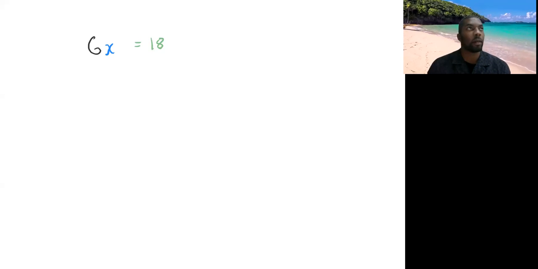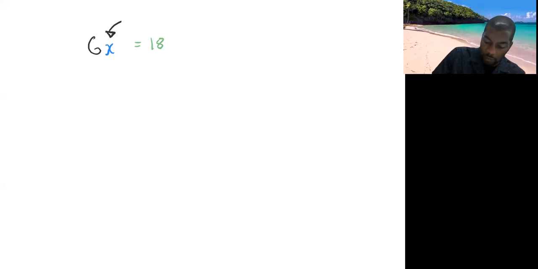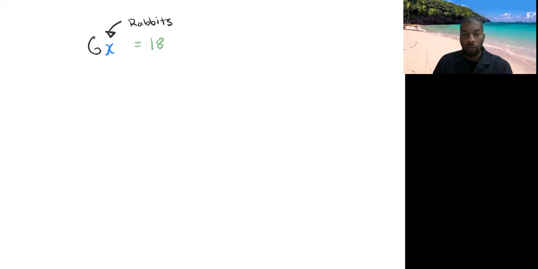Now, if you're thinking about picturing this, if I had 6 boxes, and in each box there's a certain number of rabbits. How many rabbits need to be in each box to get 18? Well, you could draw a picture of this, right?